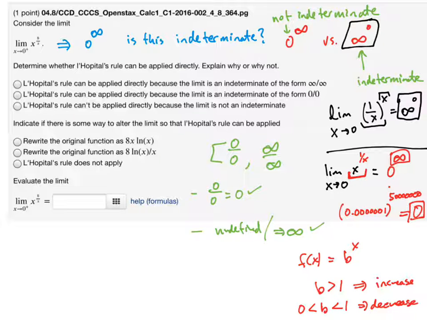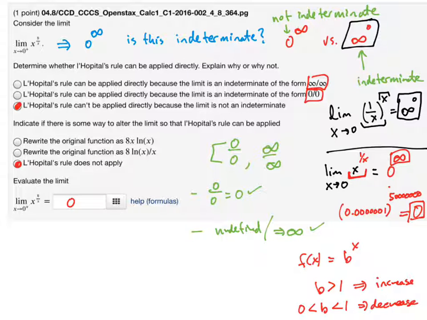So all of that to say, this is not an indeterminate form. So we would select that one. There's no way we could ever apply L'Hopital's rule, because it's not in any indeterminate form. So it doesn't apply, and we can just see that the limit is equal to 0.